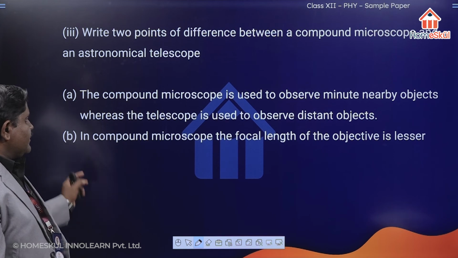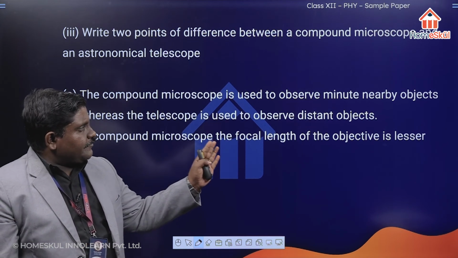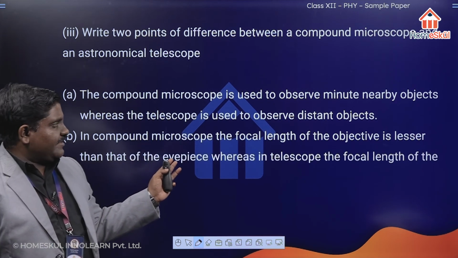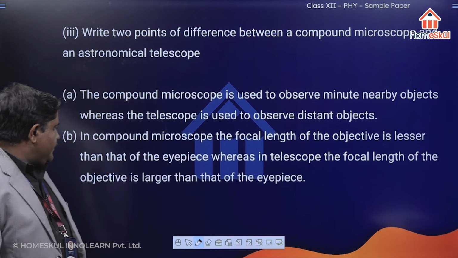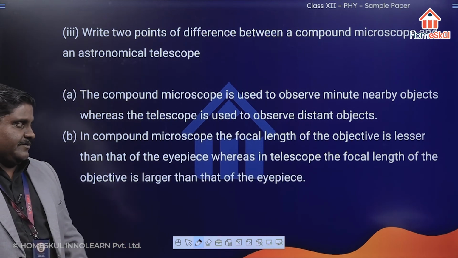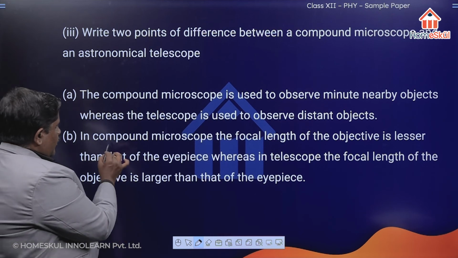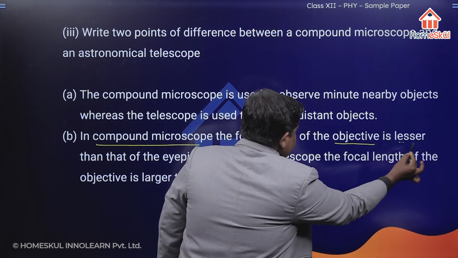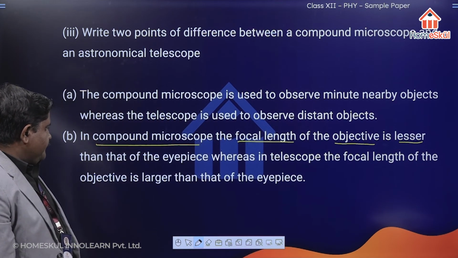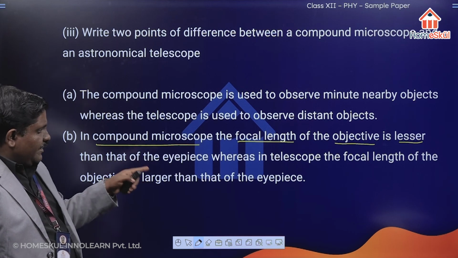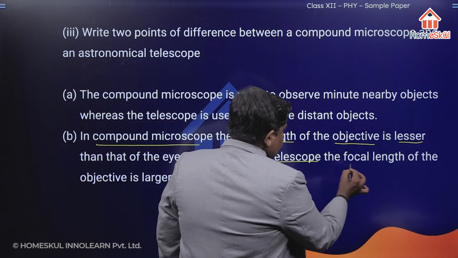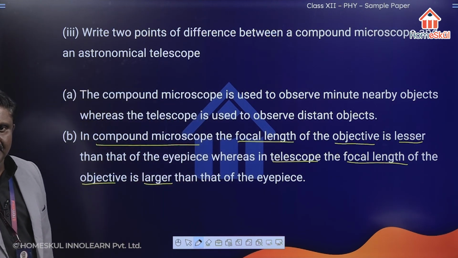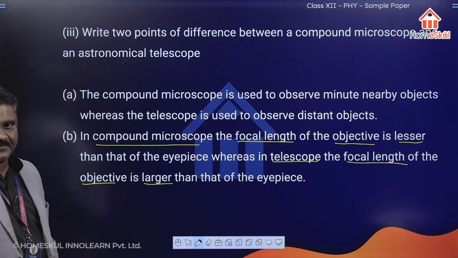Then next one, in the compound microscope the focal length of objective is lesser than that of the eyepiece, whereas in telescope, the focal length of the objective is larger than the eyepiece. See, in compound microscope, the focal length of objective is lesser than that of the eyepiece, whereas in telescope, focal length of the objective is larger. These are the two differences.